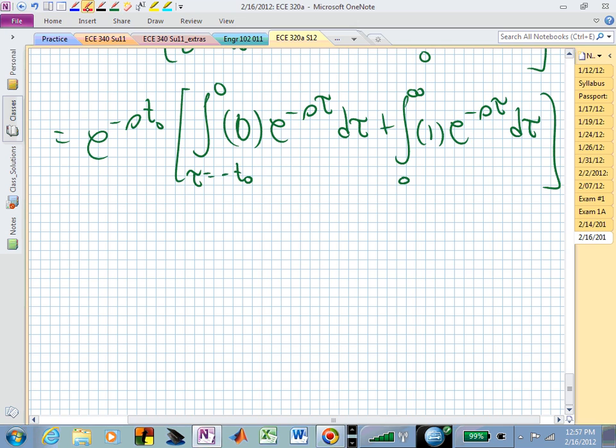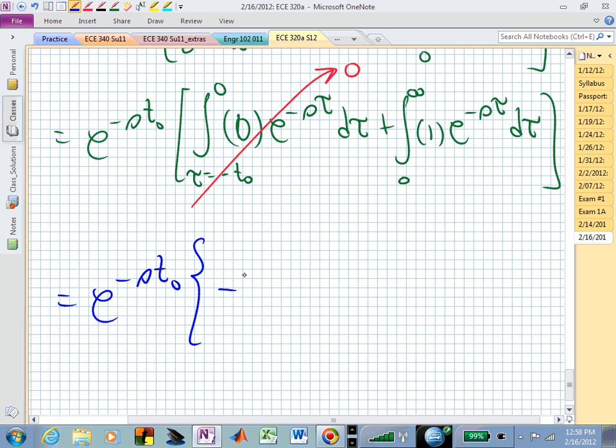This now is 0. Since we have 0 in our integrand, that integrates to 0. And we're left then with e to the minus s t naught times this integral.